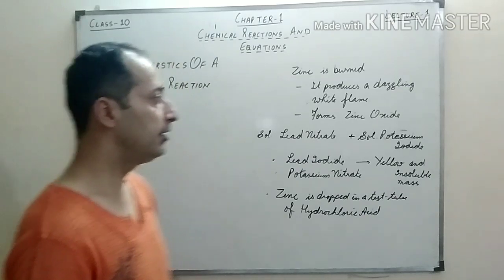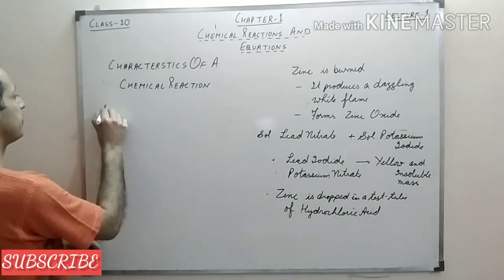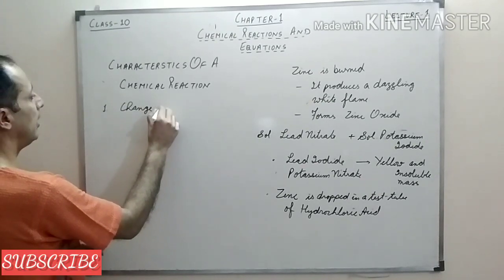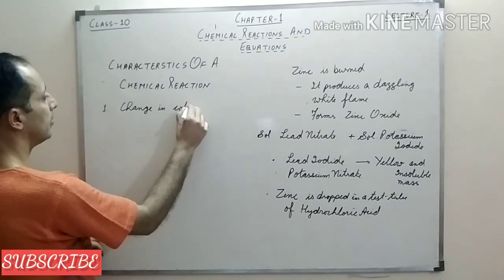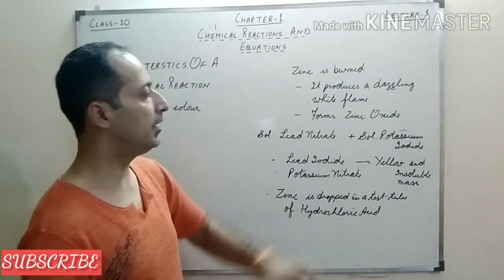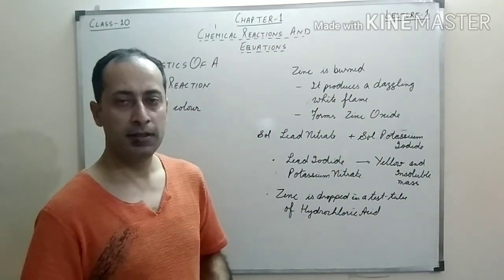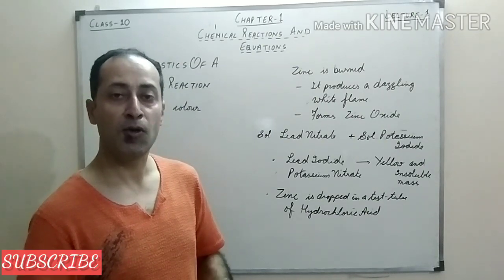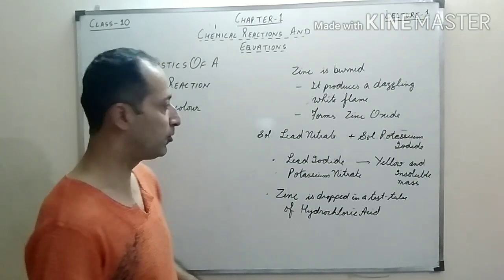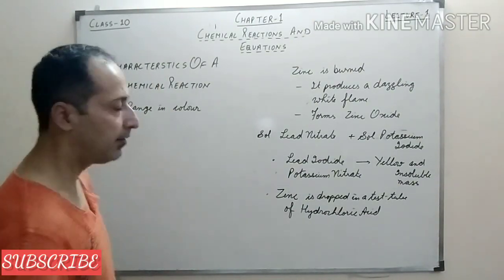The first thing we say is change in color. So you see in this reaction, initially both the things were transparent, no color was there, but when they mix, some yellow color was formed. So we say change in color, right?